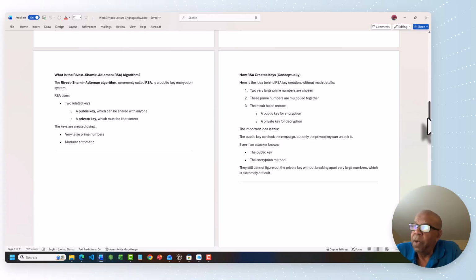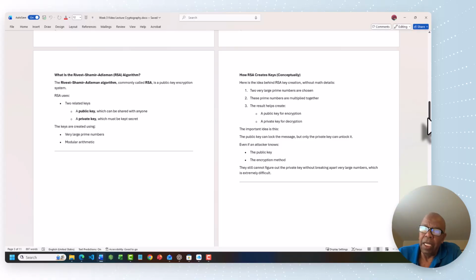RSA, we've been talking about this in a little more detail as far as your project is concerned. It's the Rivest-Shamir-Adleman algorithm. Okay, so RSA, commonly called the RSA public key encryption system, uses two related keys. It uses a public key, which can be shared with anybody, no big deal, but a private key, which must be kept secret.